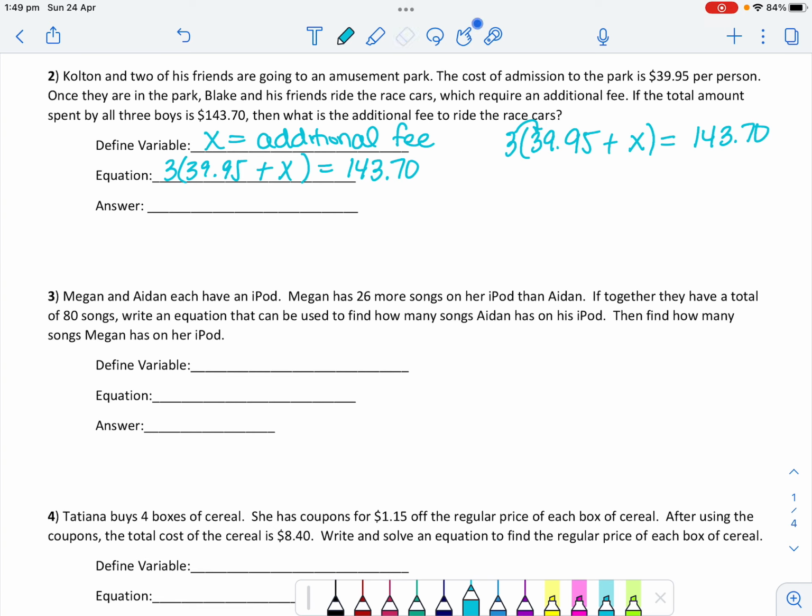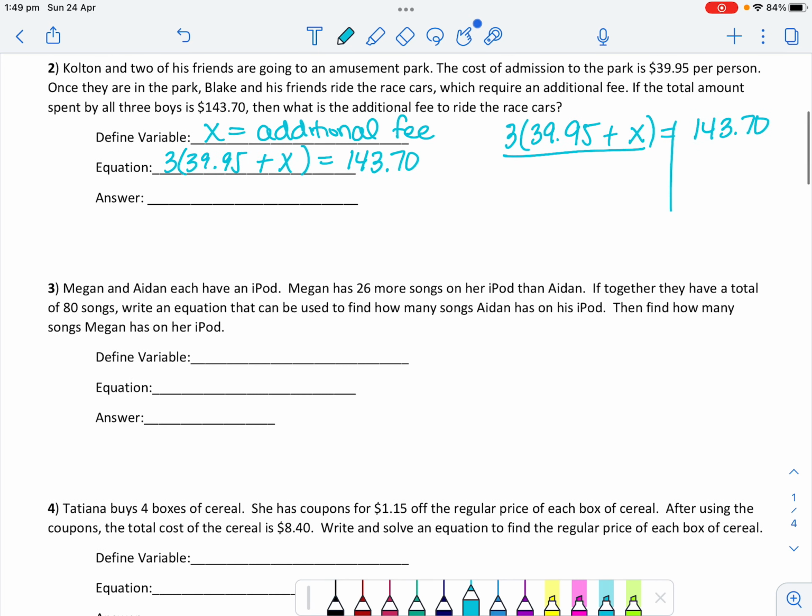Actually, you know what? I'm going to divide by 3 because it does come out okay. So I'm going to divide by 3 on both sides to get rid of the distributive property. So 39.95 plus x is equal to $47.90. Then I'm going to subtract 39.95.